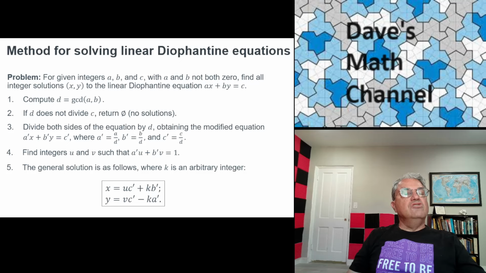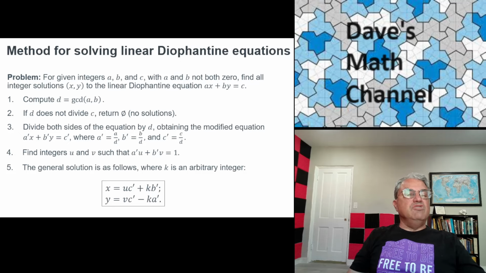So now, step 4 is we need to find new integers, which we call u and v, such that a prime u plus b prime v equals 1. And you can kind of think of this as a basis solution. I mean, you can build up from this, but I'll get to that later. And sometimes you can do step 4 by inspection.